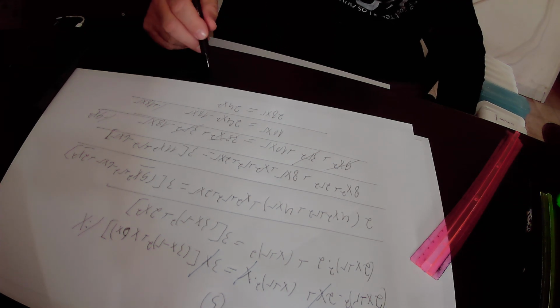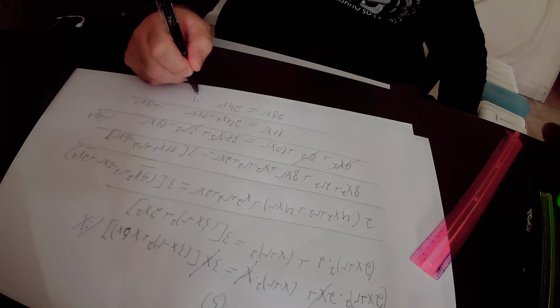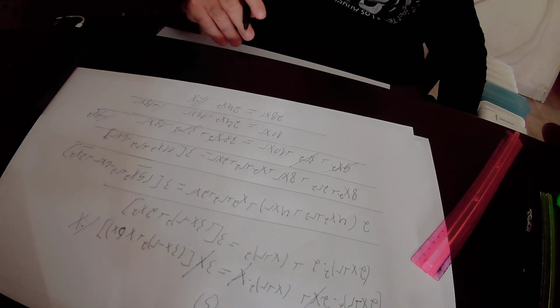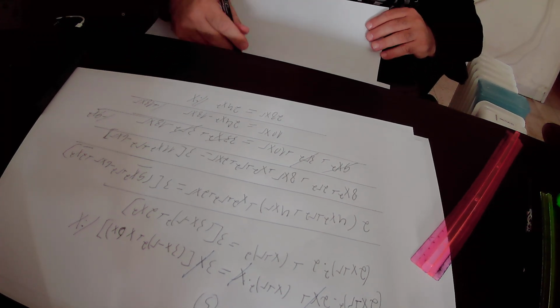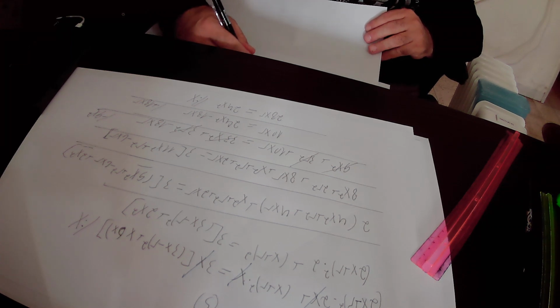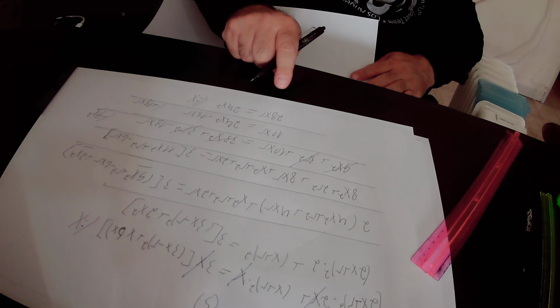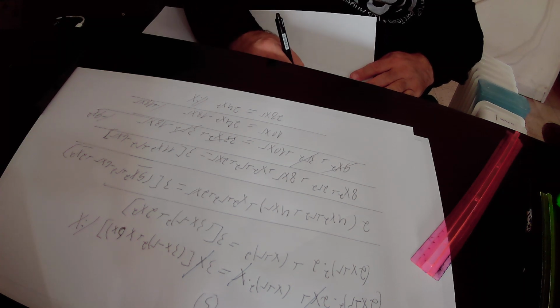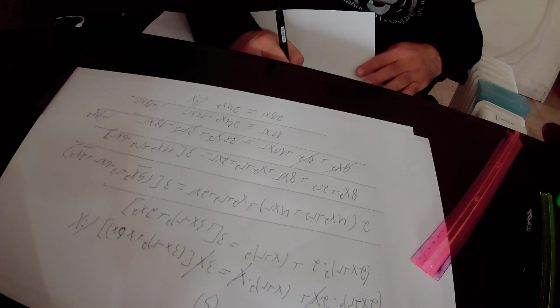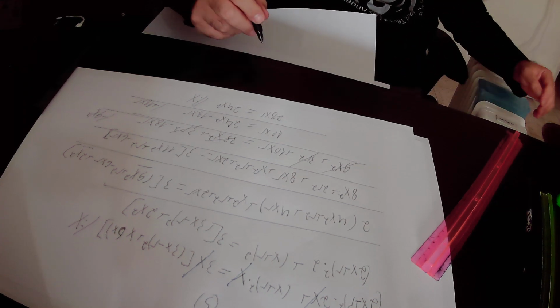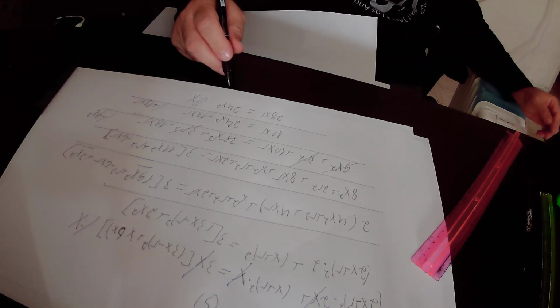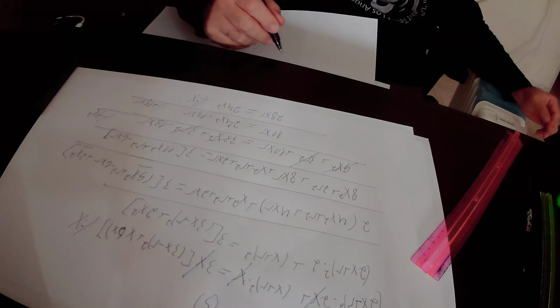Here we divide this equation by x, and we will get that 28xr over x is 28r, 24x squared over x is 24x.